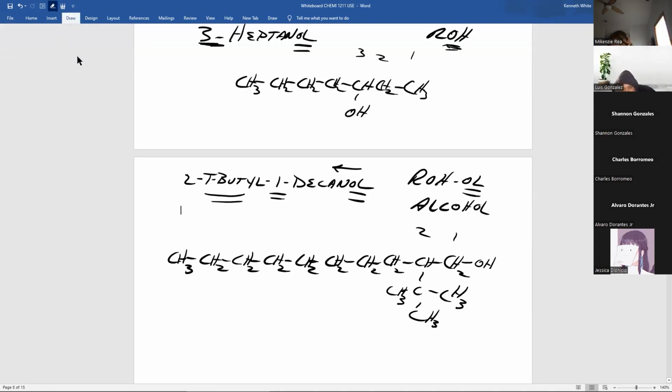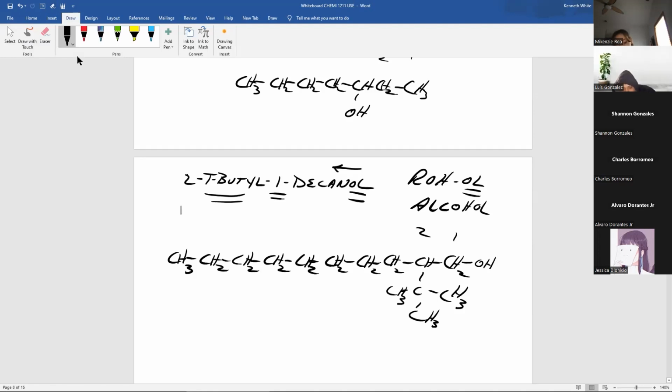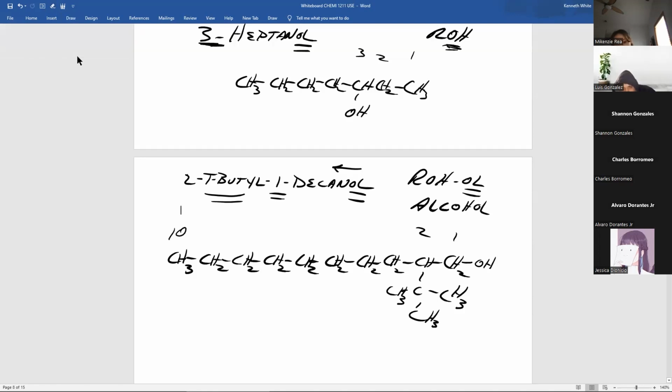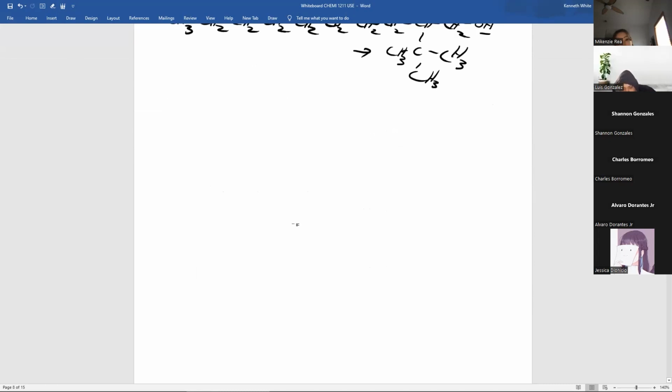And if you look at the screen now, we have 10 carbons. On carbon 1 is our hydroxyl group. On carbon 2 is the tert-butyl group, and we're done. No, we're not. Let's do another one.